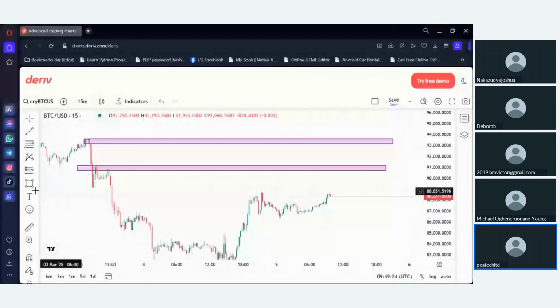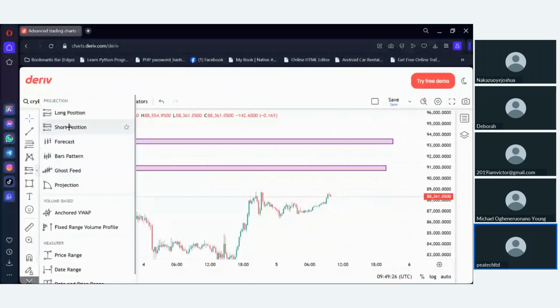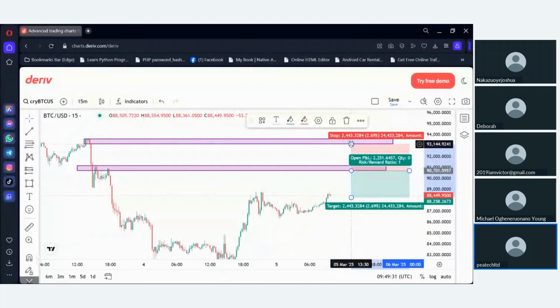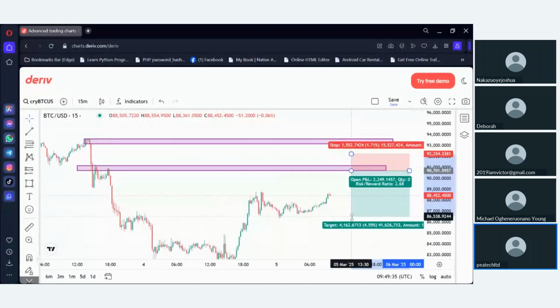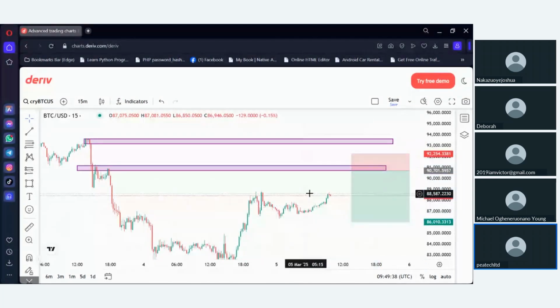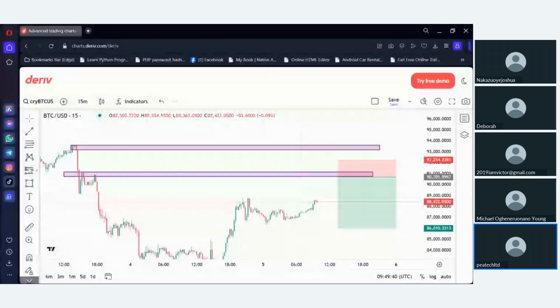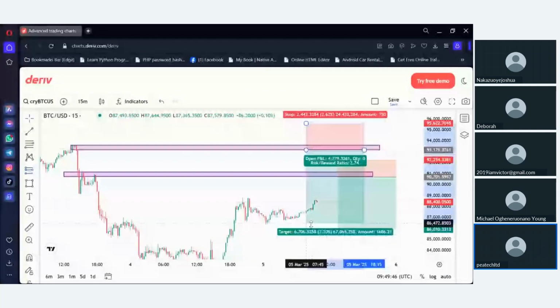So what do we do? We take our limit order, we place it here. So you can place it here and put your stop loss maybe somewhere around here and target anywhere you want based on your analysis, maybe 1 to 2 or 1 to 3. Then we can take another entry and put it at this point too, right?